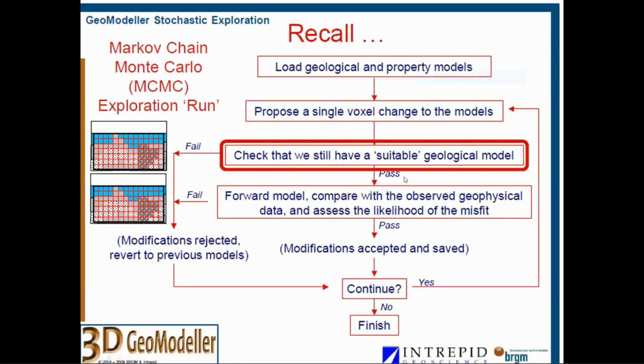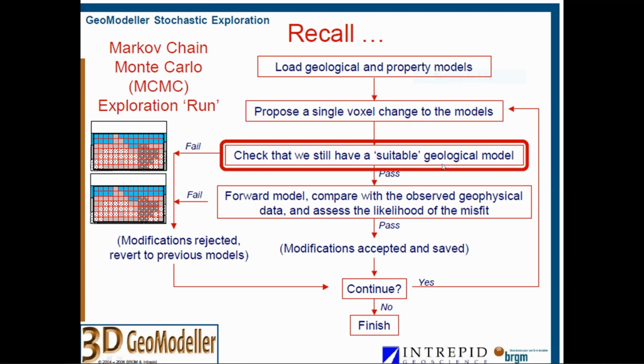So just to recall, here's the workflow of how the Markov chain inversion algorithm works. We load the geological and properties model in the initial stage. Then we propose a single box set change to the model after discretization.